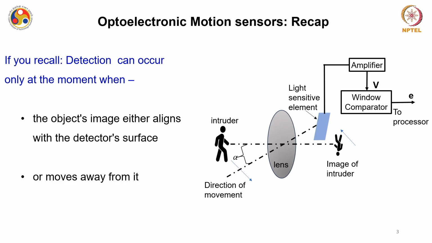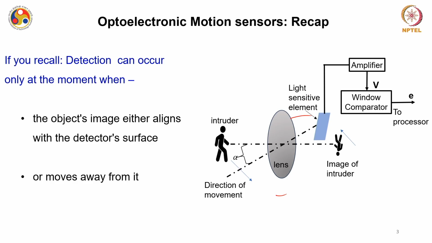We have seen that multiple things are required in the setup, and the setup looked something like this. We had a lens, a light sensitive element, and then a window comparator connected to this sensitive element through an amplifier. If the intruder was moving in the field of view of this lens, it formed an image at the focal plane, where this light sensitive element is placed.